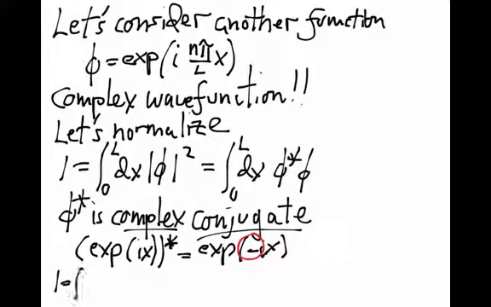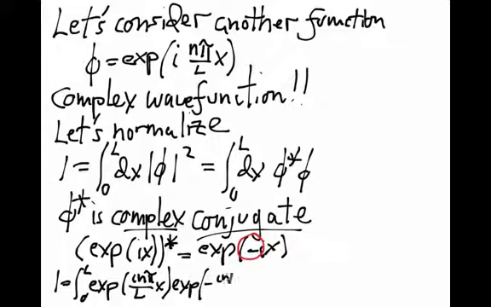And that's actually a pretty good thing, because that means 1 is equal to the integral from 0 to L of e to the i n pi over L x times e to the minus i n pi over L x dx.